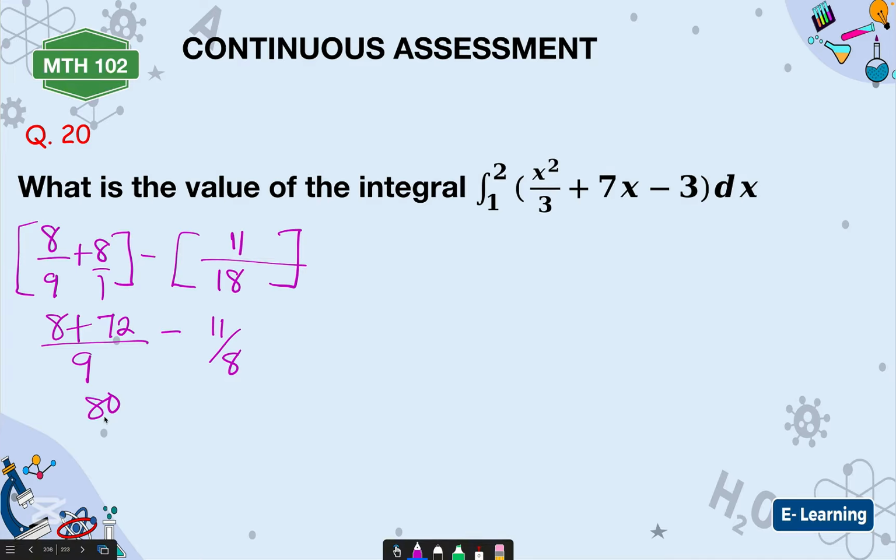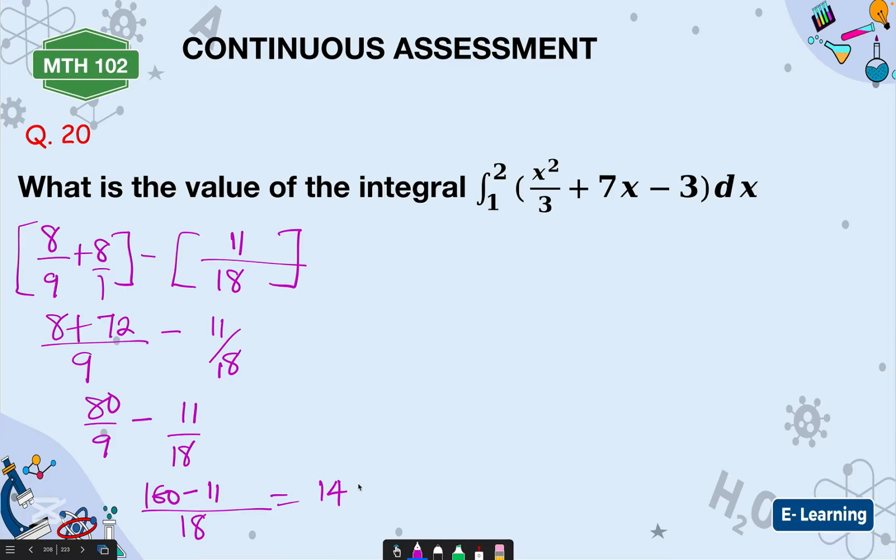All right. So we have 80 over 9 minus 11 over 18. What is the LCM of this and this? 18. Very simple. 18 divided by 9 is 2 times this is 160. Minus 18 divided by 18 is 1 times this is 11.